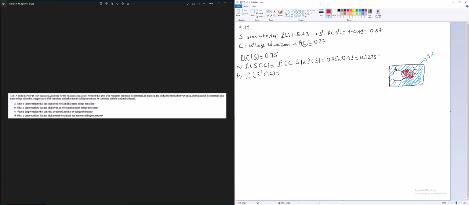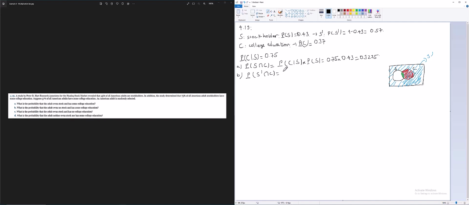You see that it is right inside C, except there's a little piece there that we haven't accounted for. And what is that piece? That's the green, and that piece is actually S intersect C, that's what we found in part A.